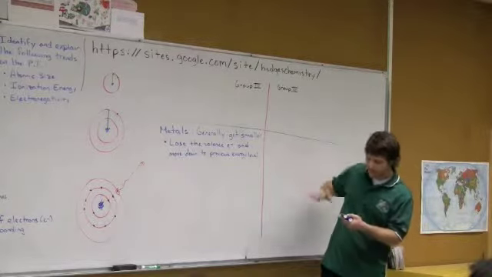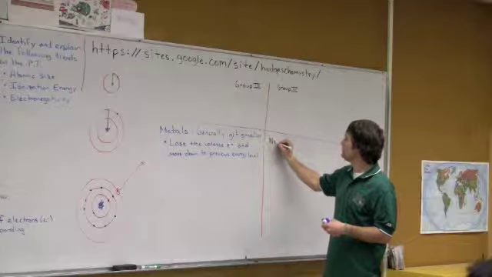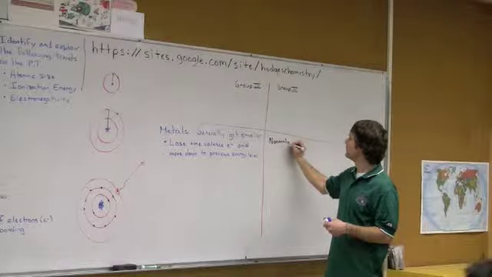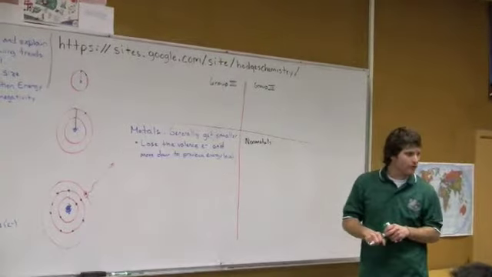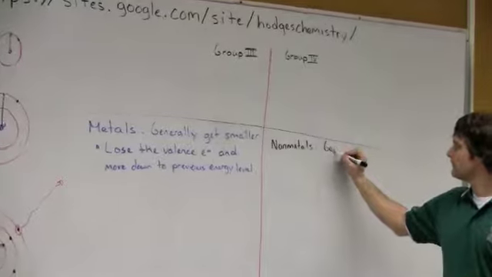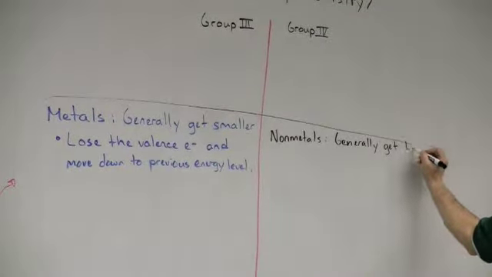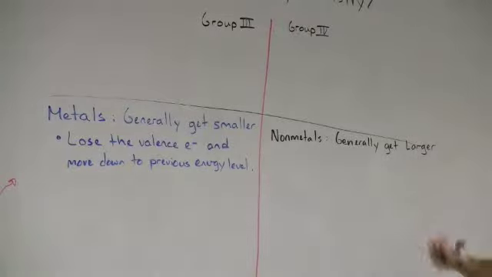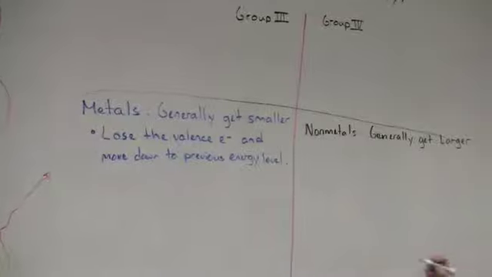On the other side, what you will notice is nonmetals, when they turn into ions, generally get larger in size. Now, the question about why they generally get larger.